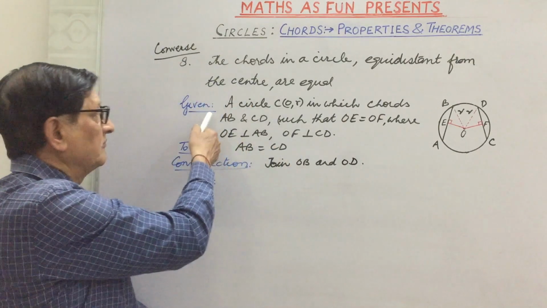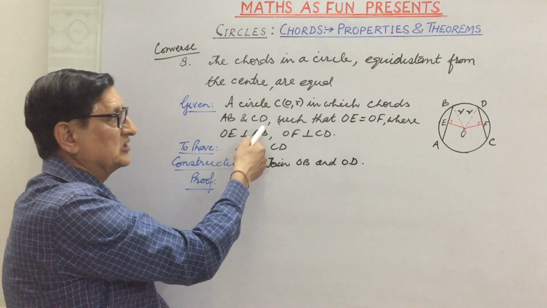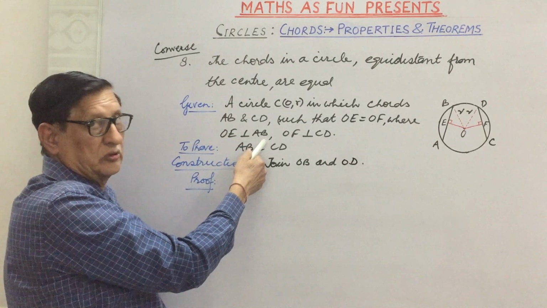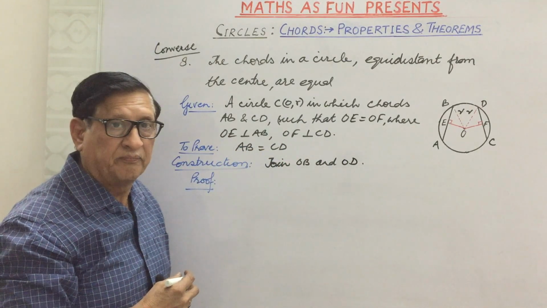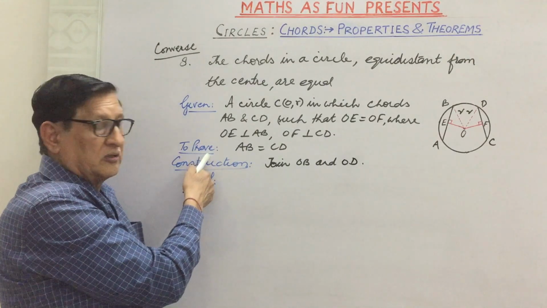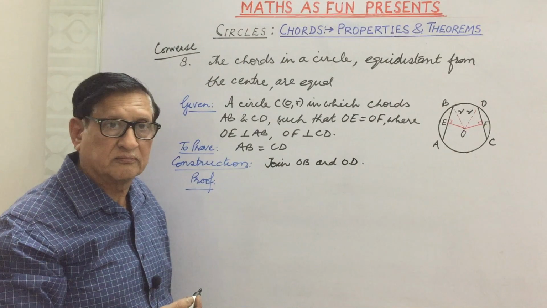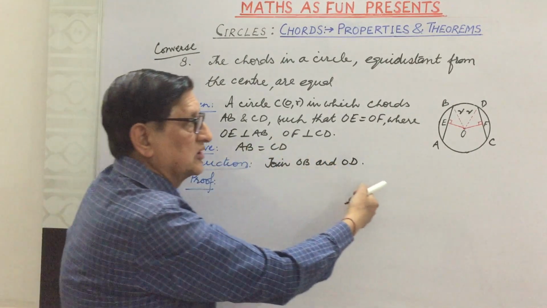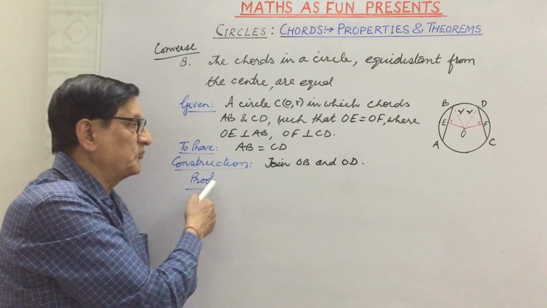So what is given? A circle with center O in which chords AB and CD are such that OE is equal to OF, where OE is perpendicular to AB and OF is perpendicular to CD. What we have to prove? AB is equal to CD, the chords are equal. The construction: join OB and OD. Now comes the proof.